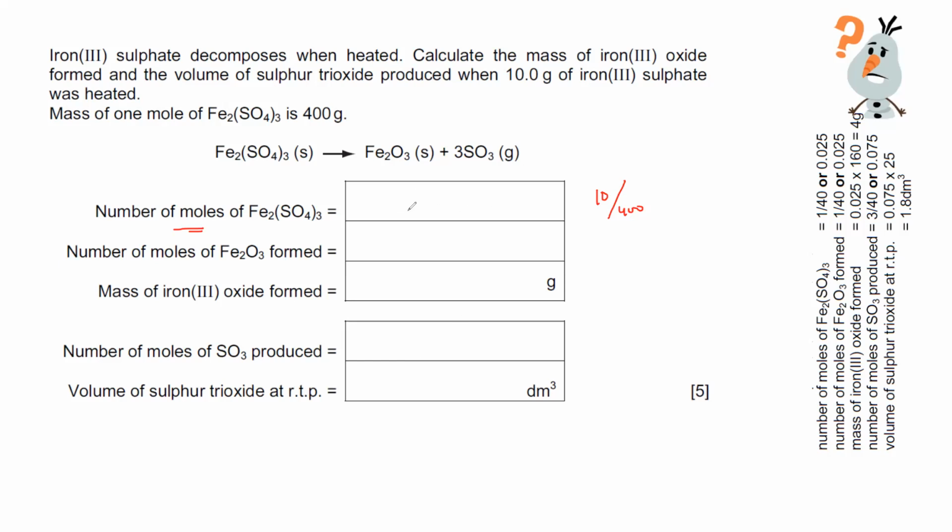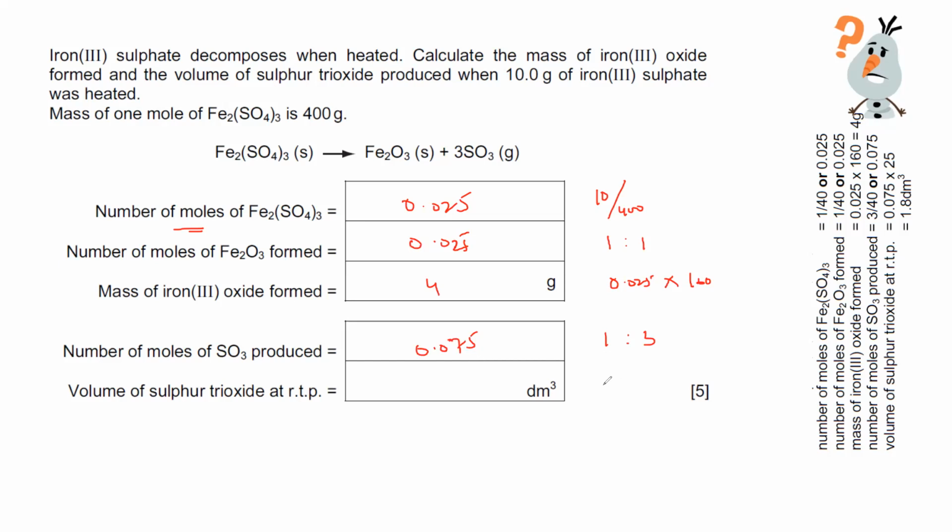We use a formula, we got 0.025. Then we use a ratio, it was 1:1, so we got the same answer. Then again we use a formula: moles were 0.025 multiplied by molar mass 160, so we got the mass in gram, which is 4. And then we use a ratio again, 1:3 is the ratio, so we got 0.075.